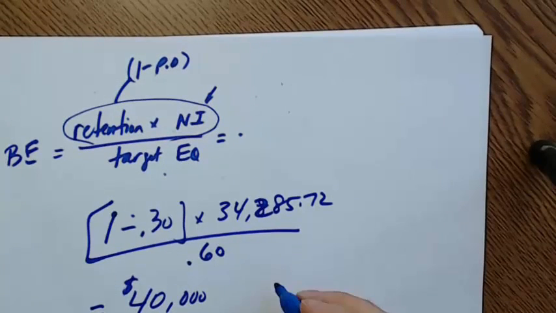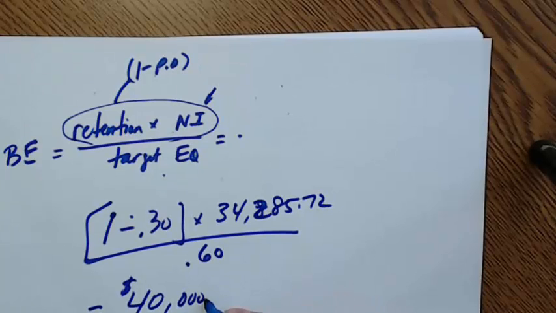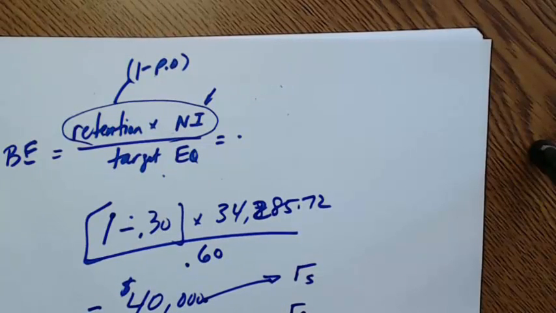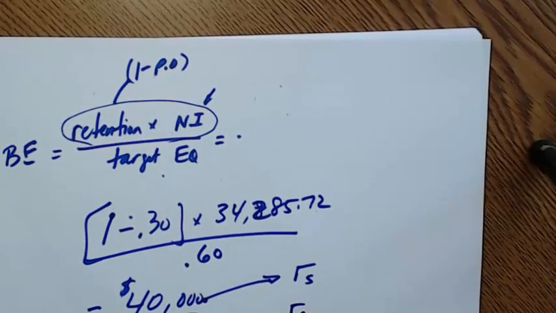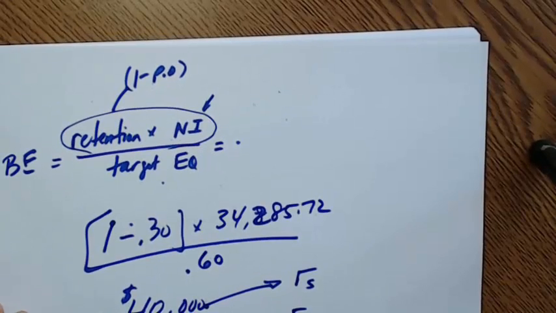So if we spend less than $40,000, we use RS. If we spend more, we're going to have to start looking at RE as the marginal cost of an additional dollar of investment.